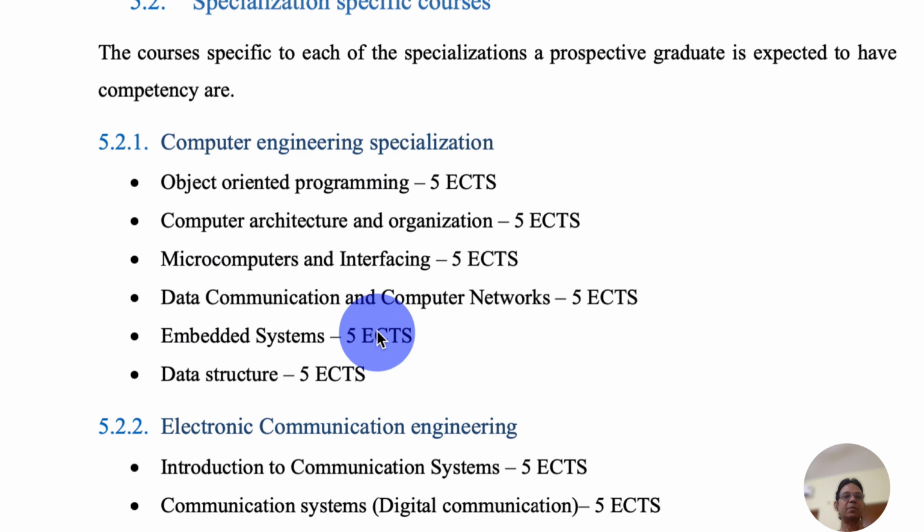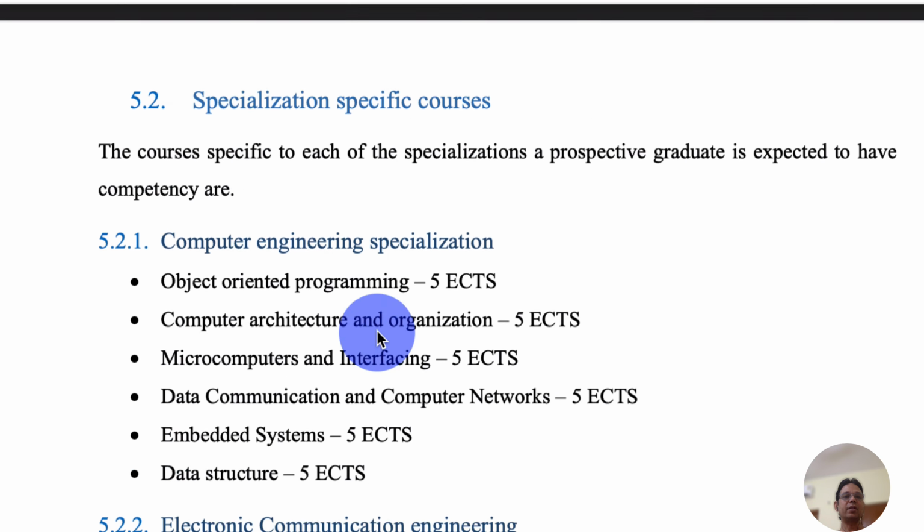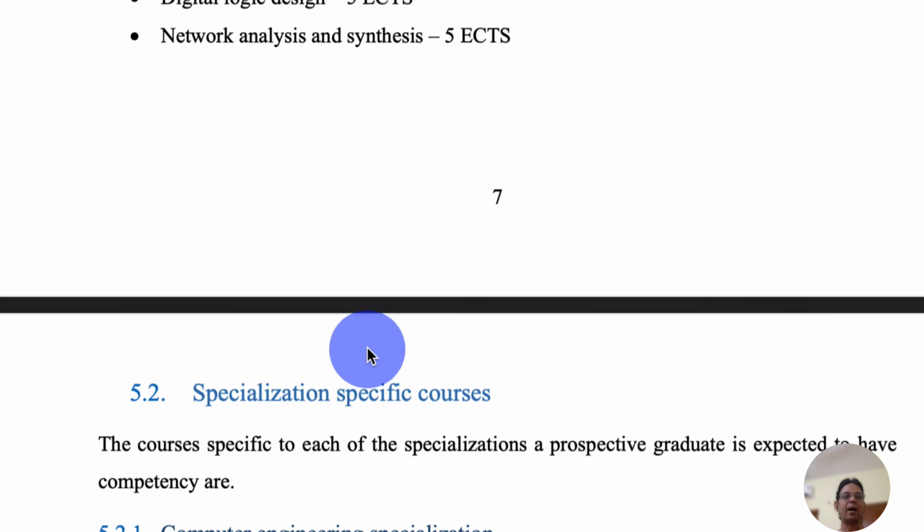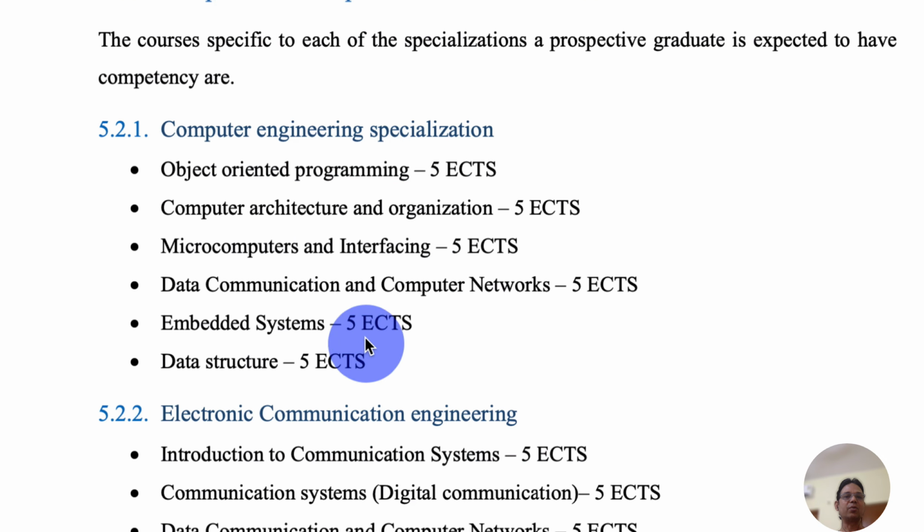Now we can see some specialization courses. So instead of common courses, these are the common courses. If a student covers the common courses, around 50% he can appear for the examinations. Other than 50%, there are specialized courses, specific courses according to the specialization.